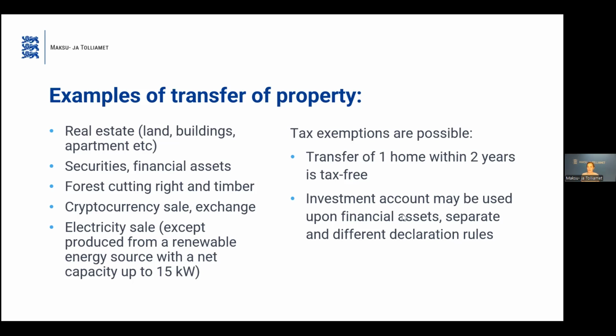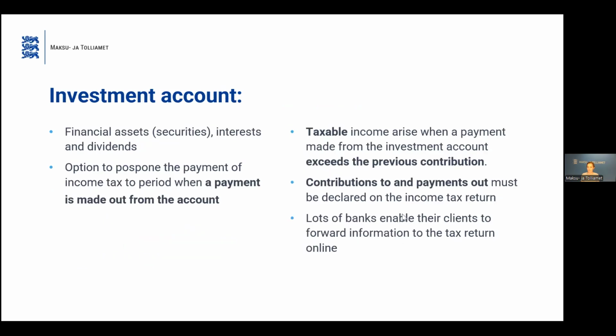And as I said, upon financial assets, it is also possible to use the special tax method of investment account, where there are different rules: in the period of sale of financial assets, the income is not taxable, but it is taxable only if taken out from the investment. But I give you brief information now.